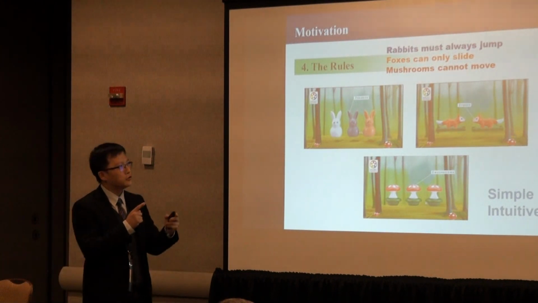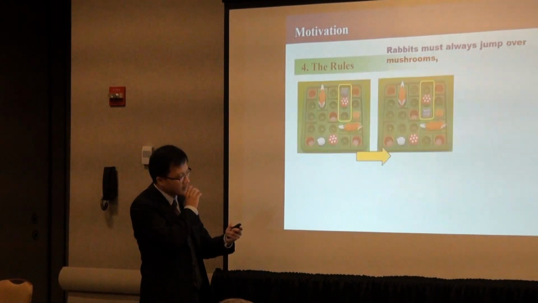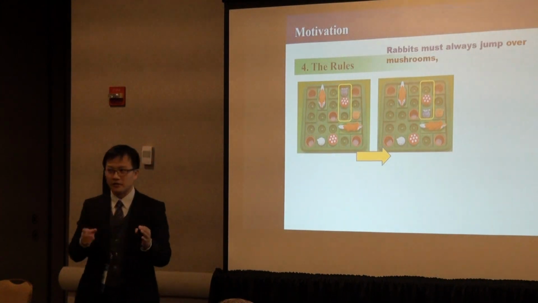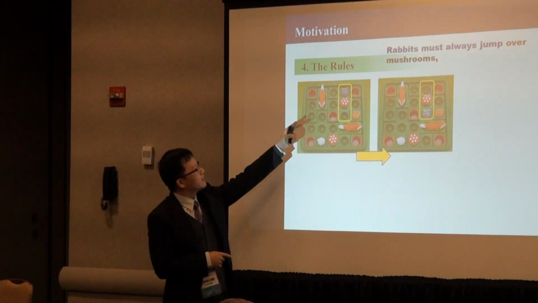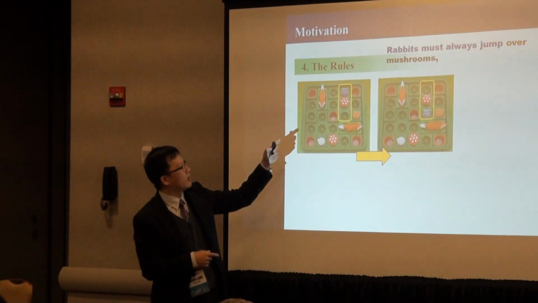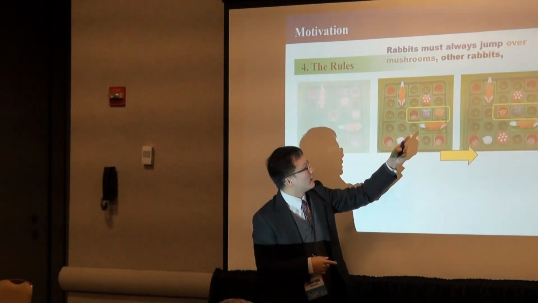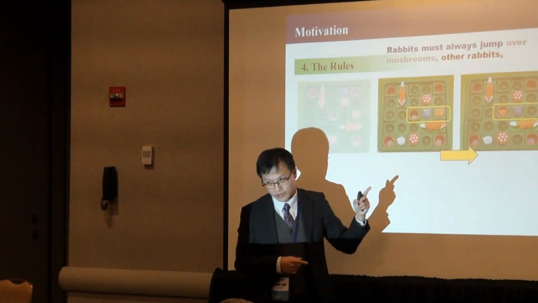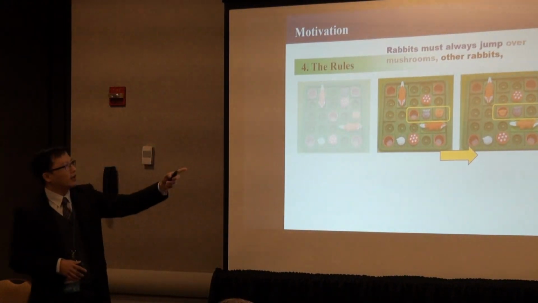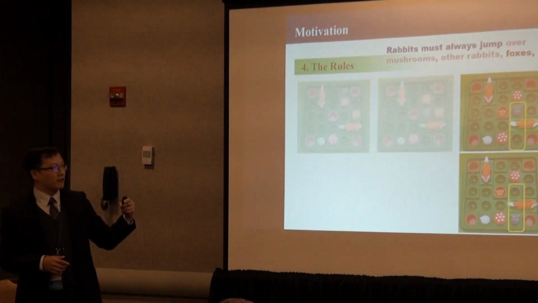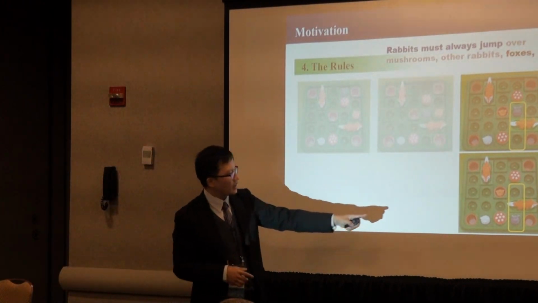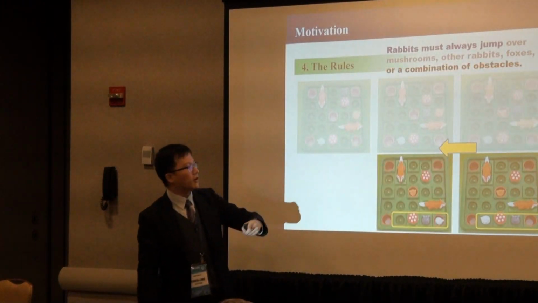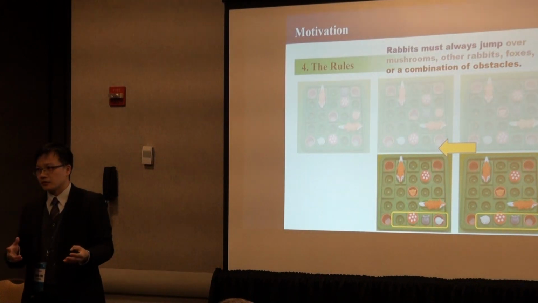Let's look at one example. This example shows all the situations you may face in a game. The gray rabbit can jump over the mushroom, and the orange rabbit can jump over the other rabbit, and the gray rabbit can jump over the fox. And the white rabbit can jump over a combination of obstacles.